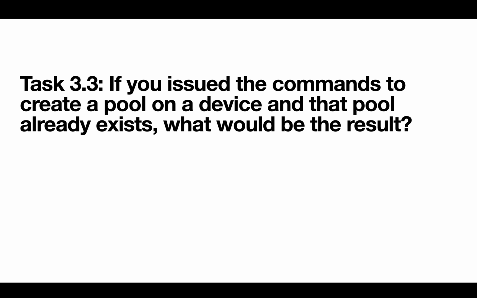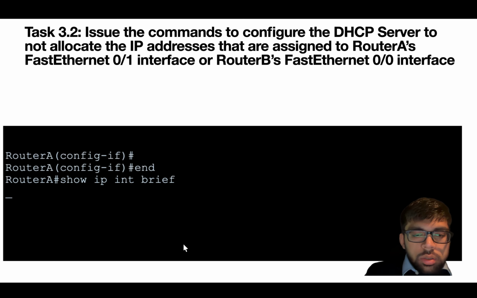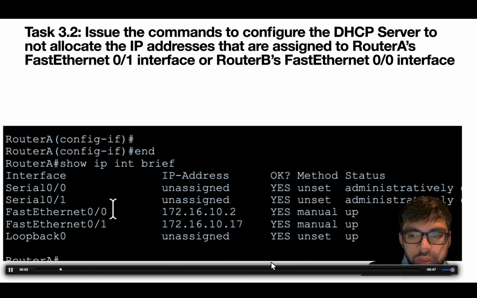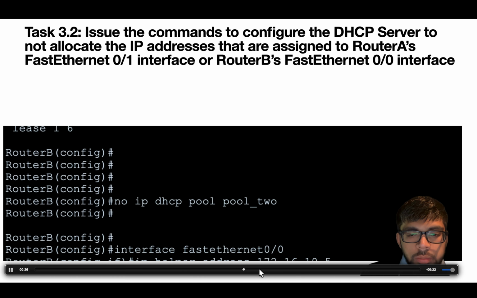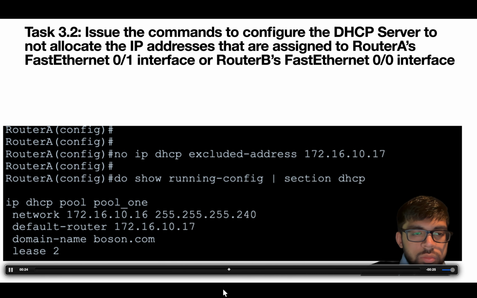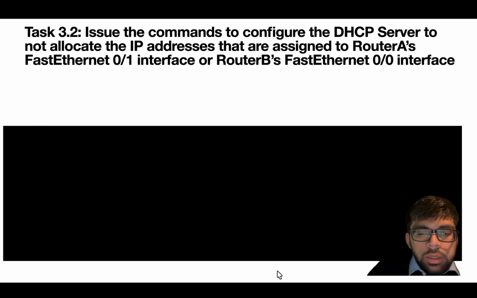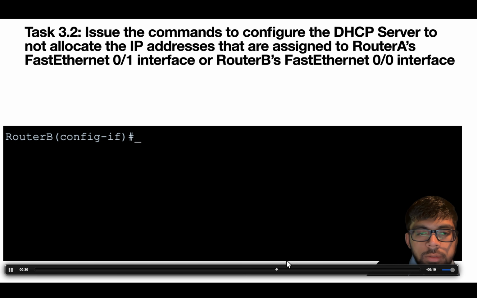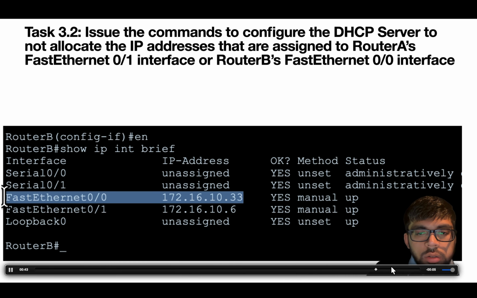Let's take a look. Sorry, apologies. So we looked at router A, and we're looking at router B. Two IPs that we don't want to be giving out.